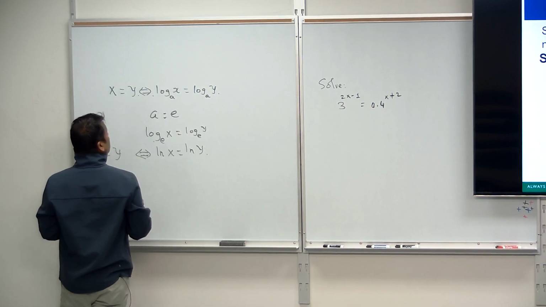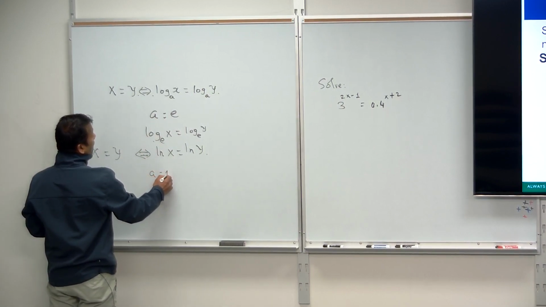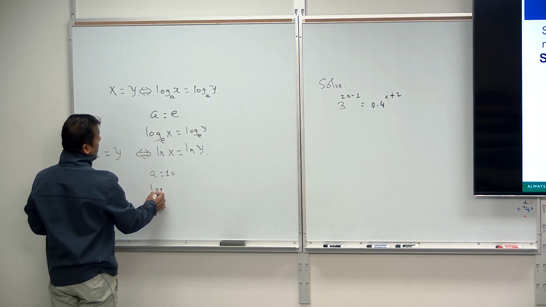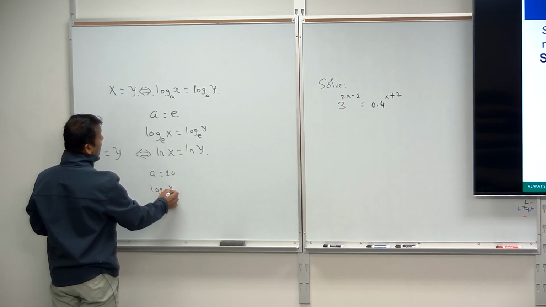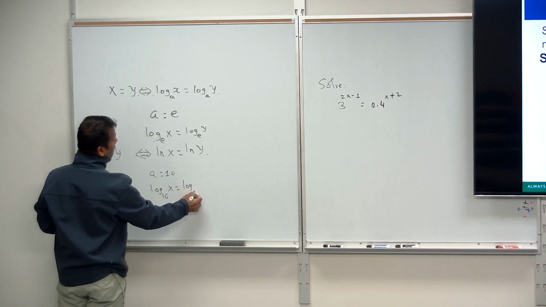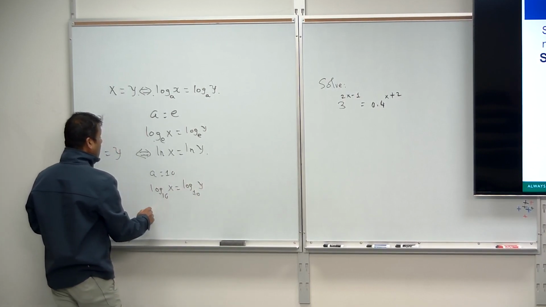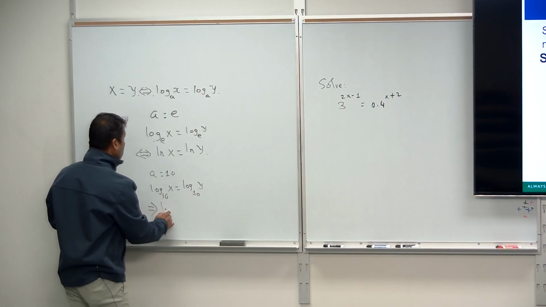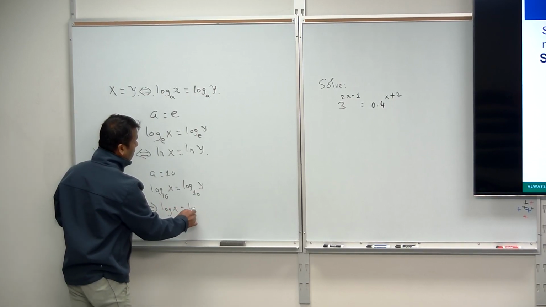Or if you replace this a by 10, you'll have logarithm with base 10 of x equal to logarithm with base 10 of y. And you know that logarithm with base 10 is the common log. So you simply write log x equal to log y.